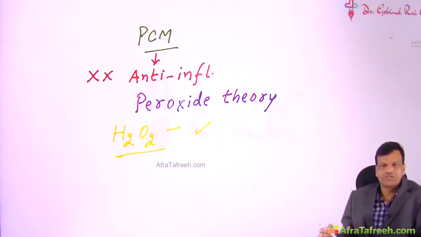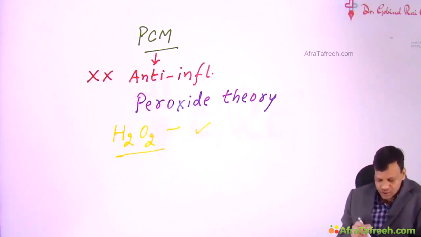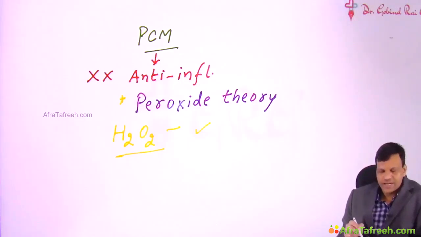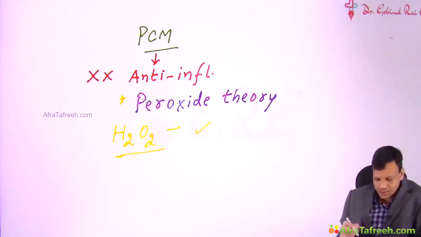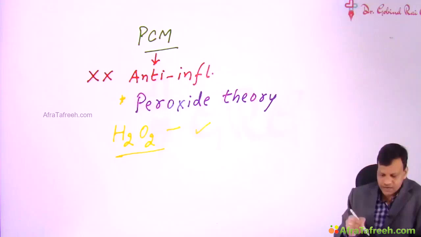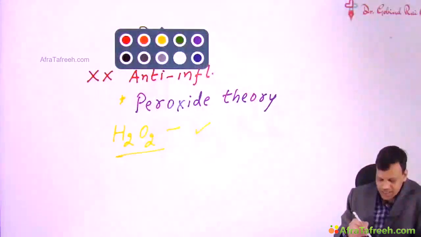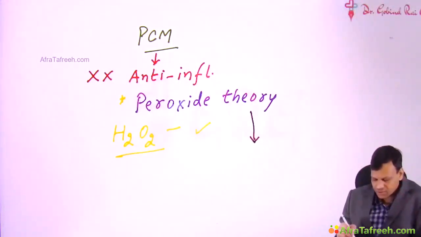So paracetamol is not able to work. Whereas at other places like in the brain, or for fever or for pain, hydrogen peroxide is not generated. So paracetamol keeps on working. So the peroxide theory could explain that paracetamol does not have anti-inflammatory activity. But this theory could not explain the second finding, that paracetamol has negligible risk of causing peptic ulcer disease or GIT toxicity.